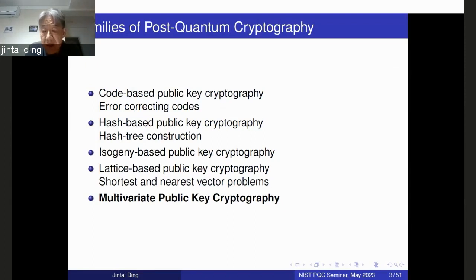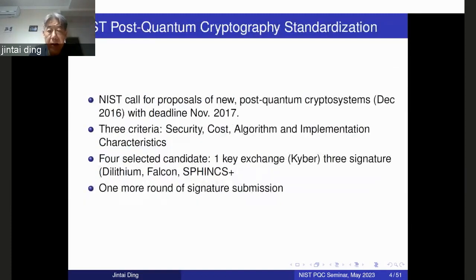I would like to first briefly introduce what it's about, and then I will go into details about the oil and vinegar scheme. Of course, the context of this work, let me repeat, is that NIST is making new post-quantum crypto standards.